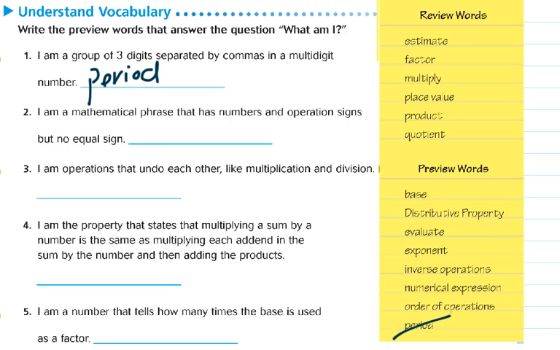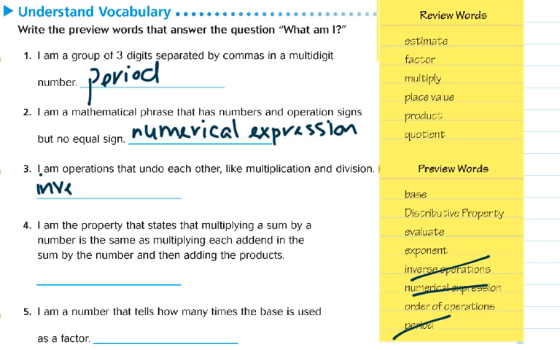That, boys and girls, is a numerical expression. Number 3, I am operations that undo each other, like multiplication and division. Those are inverse operations, and we can also think of inverse operations as opposite operations.